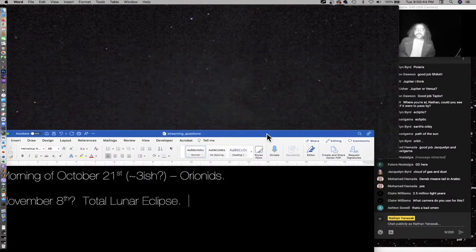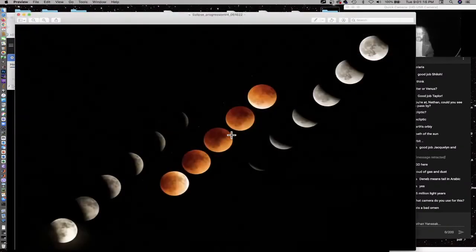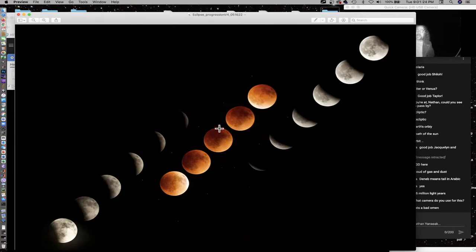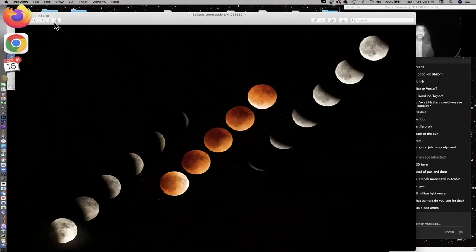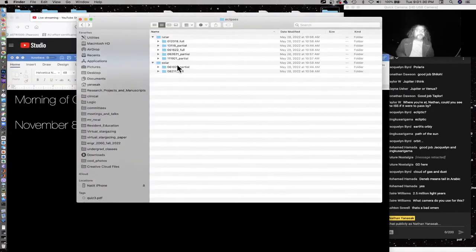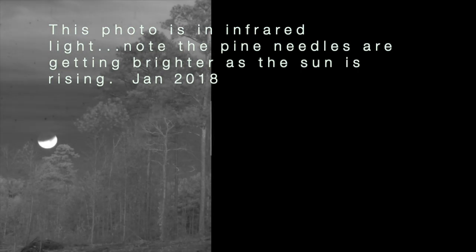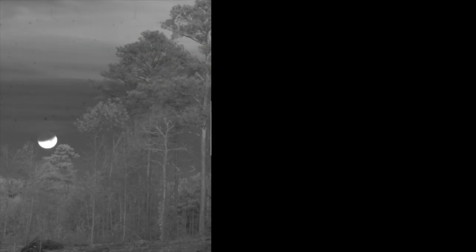Before I leave you, I guess I could show you sort of some things that you might see. This is kind of what you're going to see at sunset. It's going to be this dark orange, and then, at sunrise. And it's going to set like that. It's going to be pretty dramatic. In fact, a few years ago, I took a picture of a setting lunar eclipse. What was it? This one?